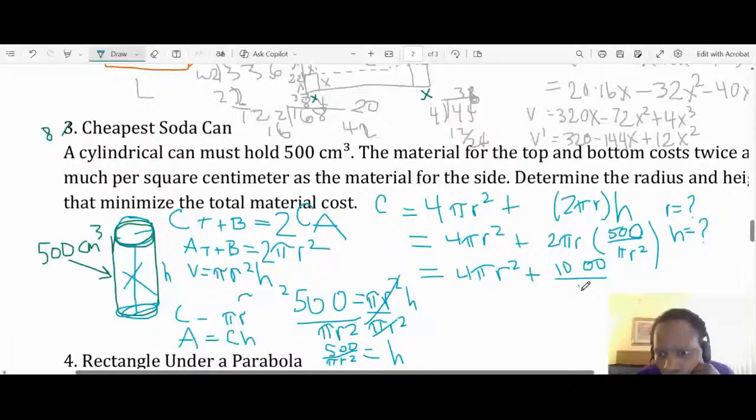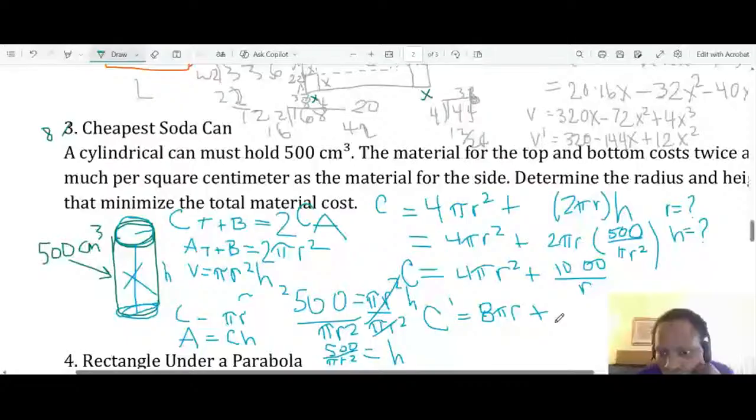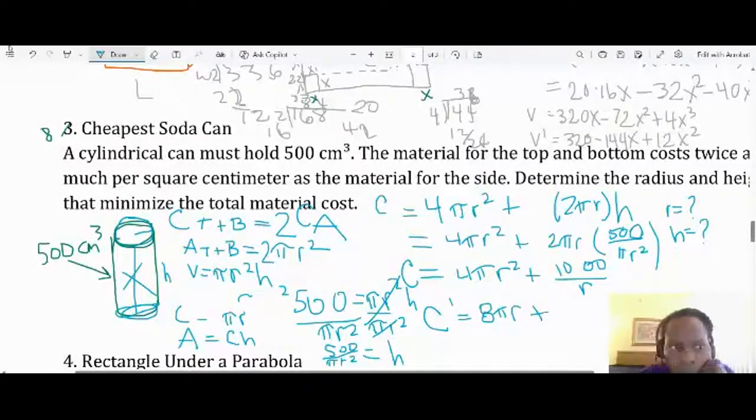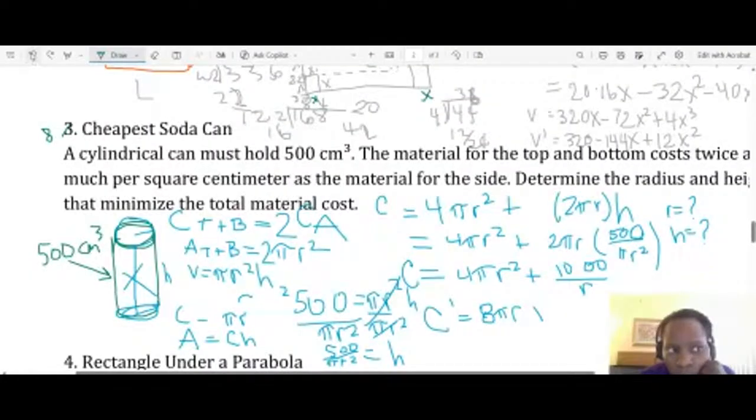Okay, so c prime is 8 pi r plus, hold on, what's the derivative? Yes, it's going to be minus 1,000 over r squared.